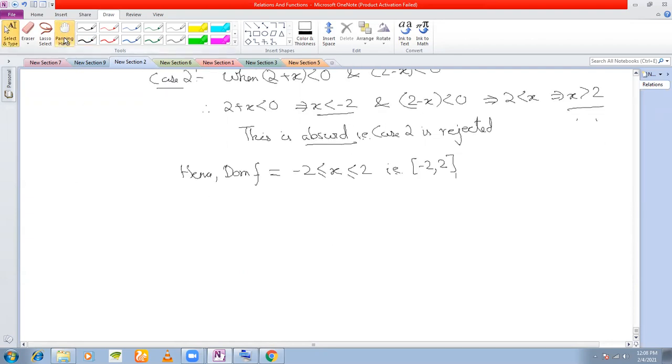So we'll work out two more problems from the domain. Find the domain of the following functions.